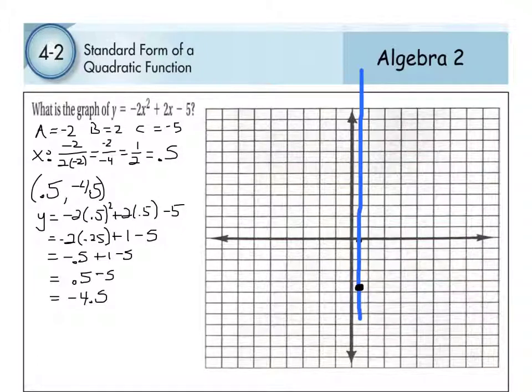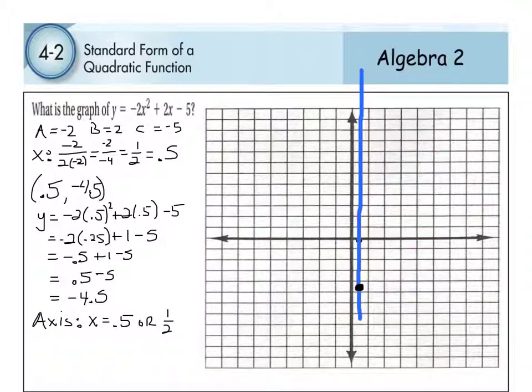Okay, that's my vertex. You'll notice the blue line that shows my axis of symmetry. The axis of symmetry is going to be the line x equals negative 0.5, or sorry, positive 1/2, not negative, excuse me. A mistake there. It is positive 1/2. So it's going to be 0.5 or 1/2. That's the blue line.